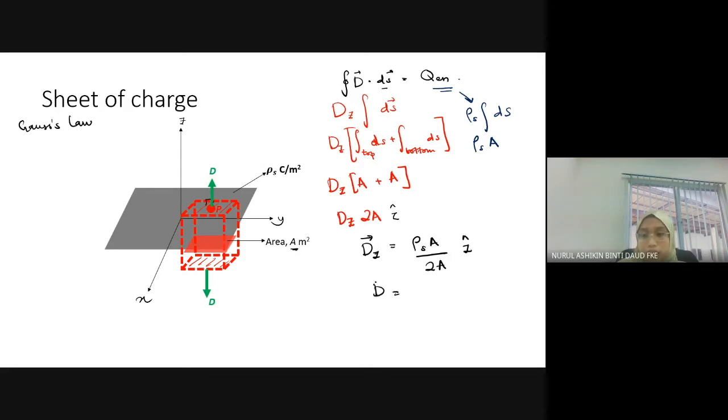So D will be rho S over 2 in the Z direction.